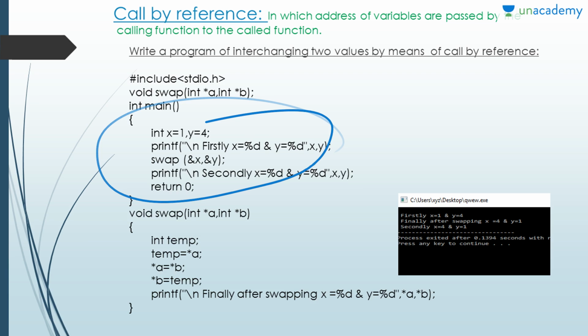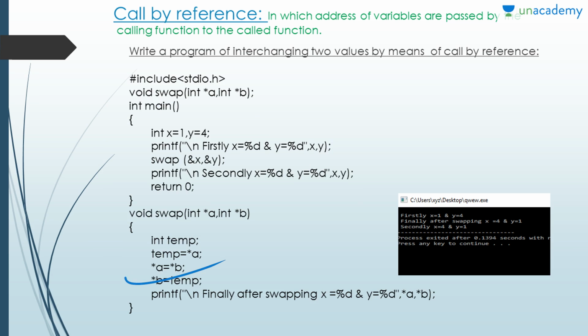So to get the desired output, here we deal with the pointers. Okay, meaning pointer a, temporary equal to pointer b, same as the previous one. Okay, now printf, finally after swapping, x equal to %d and y equal to %d. And so what, it is the pointer data type, a pointer having the data type integer. Okay, don't get confused within it. I'll tell you very shortly in our next session. So this is the output as you see here.